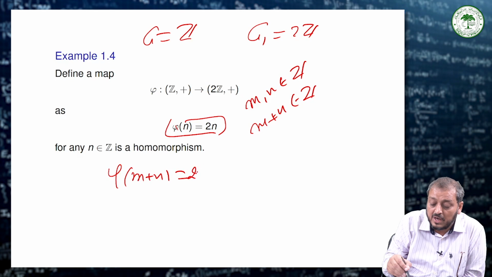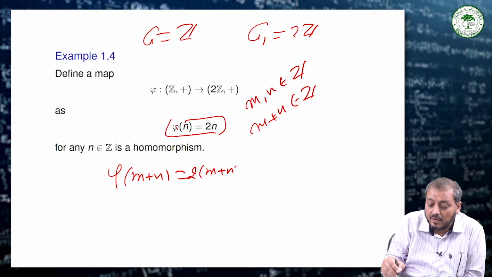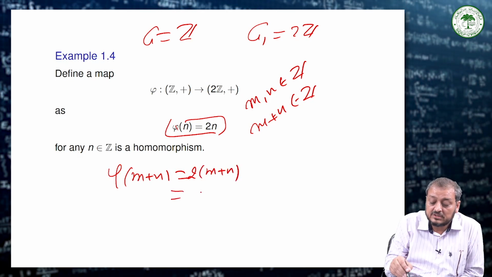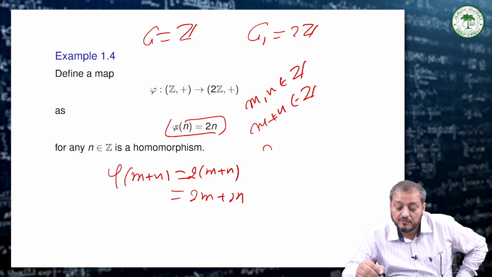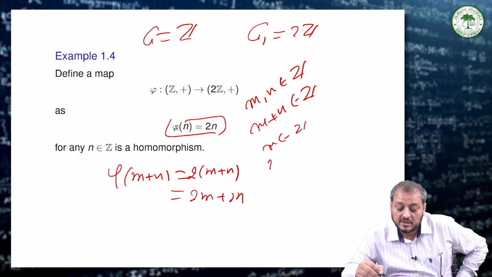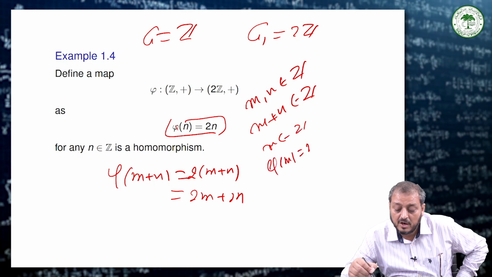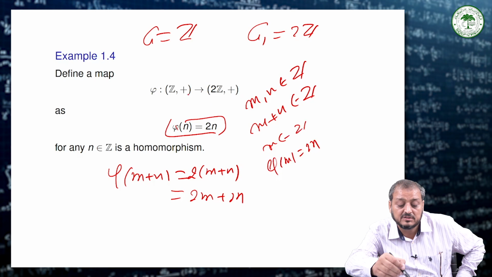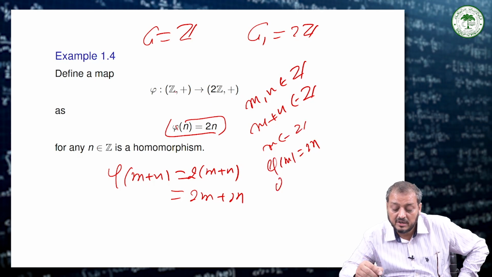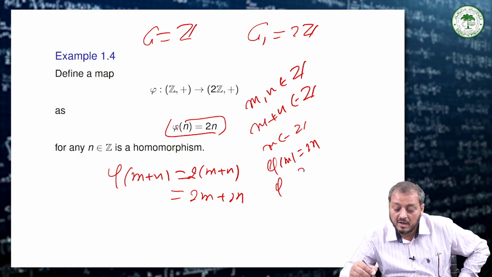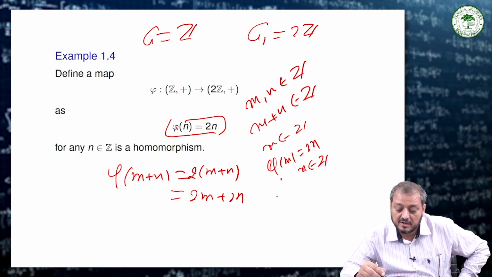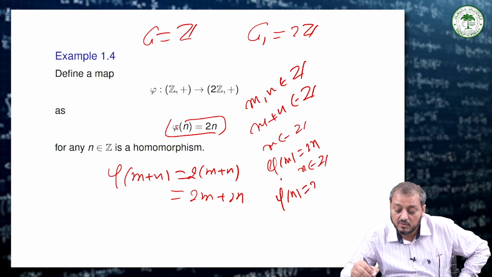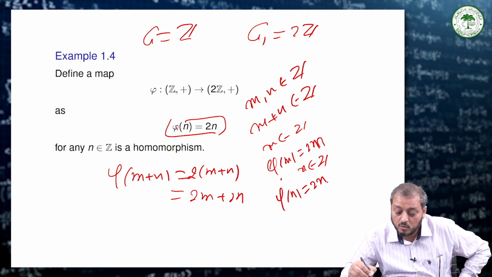So if this is an element of this, then phi of m plus n is equal to 2 times m plus n, and this is the same as 2m plus 2n. Now if m is an element of Z, then phi of m is equal to 2m by the property that phi is defined from Z to 2Z, and similarly n is an element of Z, so phi of n is equal to 2n.